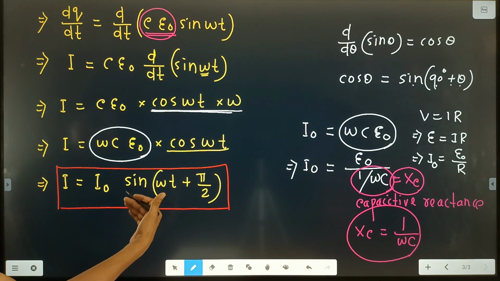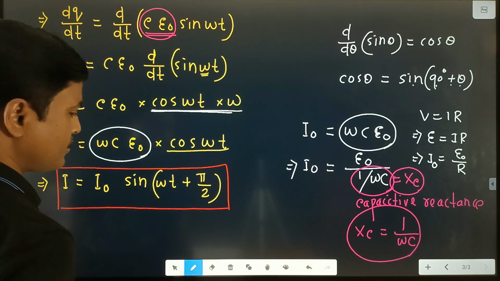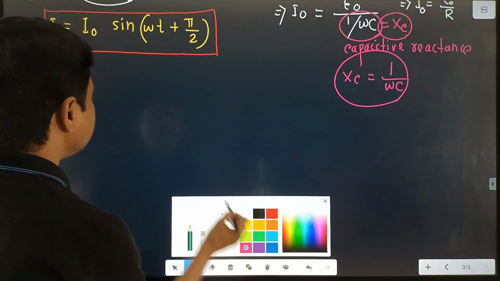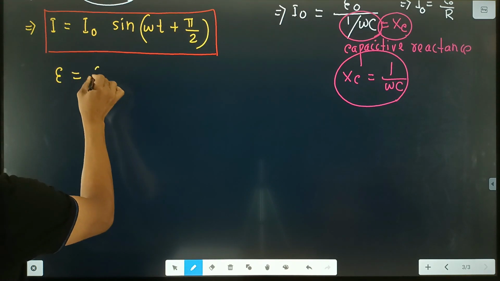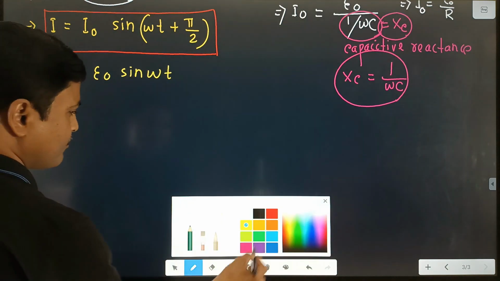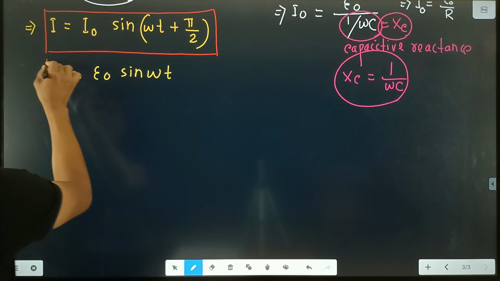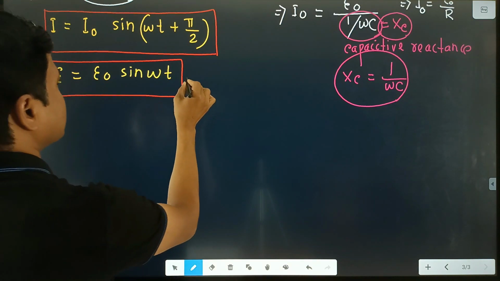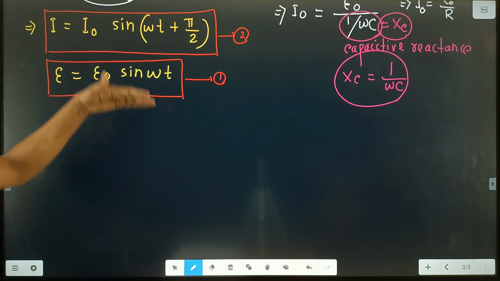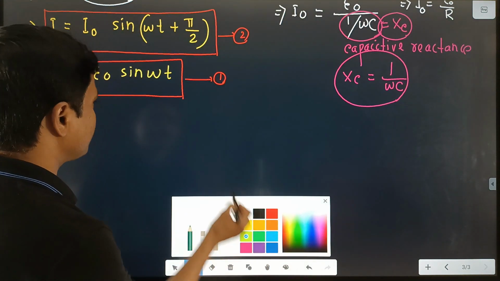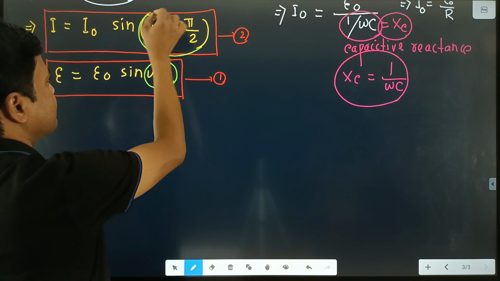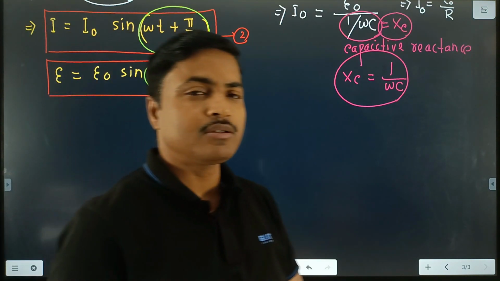And here I is equal to I0 into sin of (omega t plus pi by 2). And you also know the expression for EMF, that is E is equal to E0 into sin omega t. If we compare these two equations, suppose this is equation number 1 and this is equation number 2. In equation 1 the phase is omega t, in equation 2 the phase is omega t plus pi by 2.